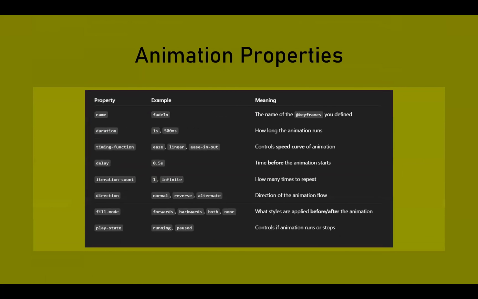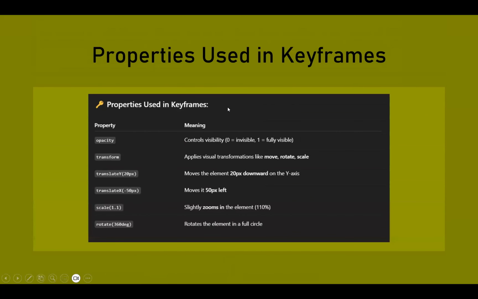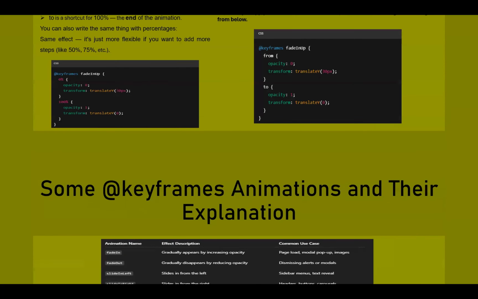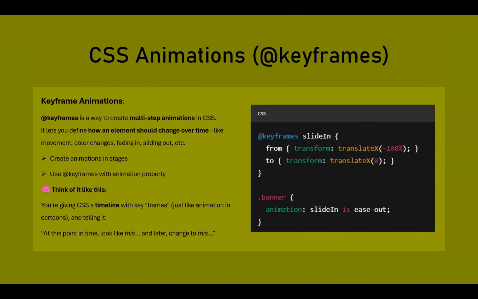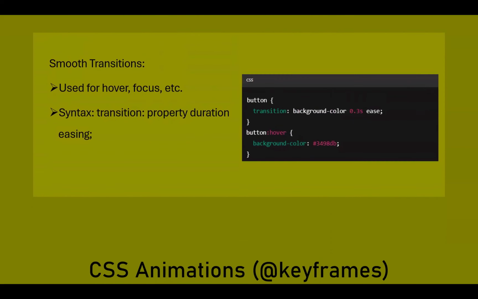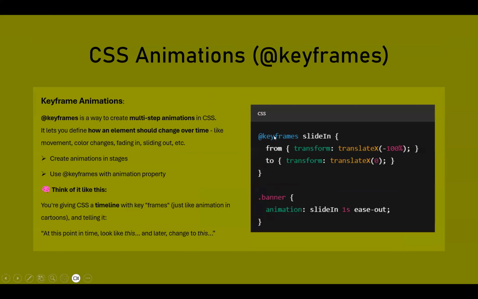Then we have animation properties. So let's go back to keyframes and just see. In keyframes, taking it from the beginning, you pass in the keyframes keyword, the name of the keyframe. In from, you pass in what you want to happen in from, and in to, what you want to happen in to. Now when you want to use the keyframe, any element you want to use it on, you target that element.